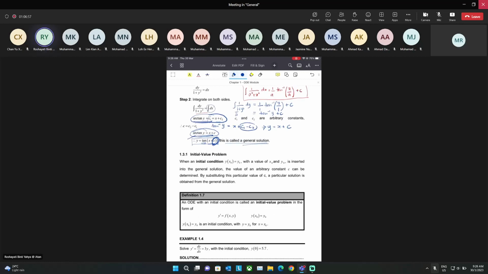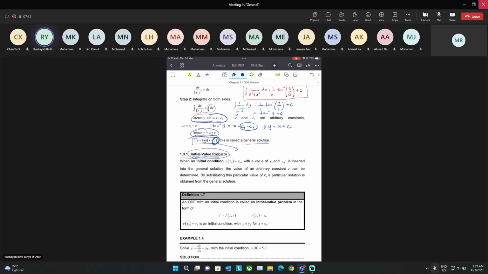Then, initial value problem. What is the function of the IVP here? The IVP helps you find the value of your constant. Normally in a question, if you are asked to find the particular solution, the question must give you the IVP.